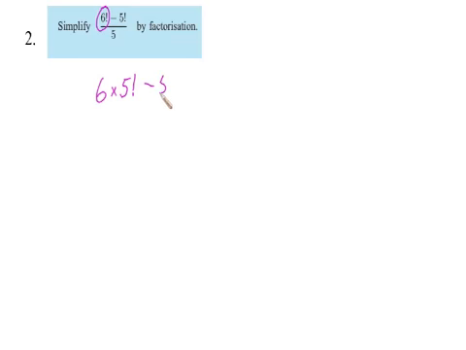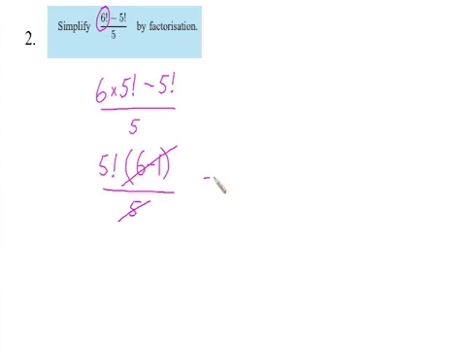And then I can write the remainder of the original expression. Notice that in the numerator, each term has a 5 factorial. I can factor those 5 factorials out, and I'm left with 6 minus 1 on the inside of my parentheses, and this is all over 5. Well, notice that 6 minus 1 is 5, 5 divided by 5 is 1, and so I'm left with 5 factorial. And again, we'll practice more of these in class tomorrow.